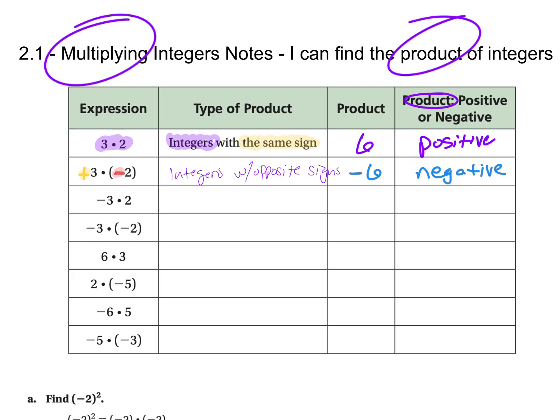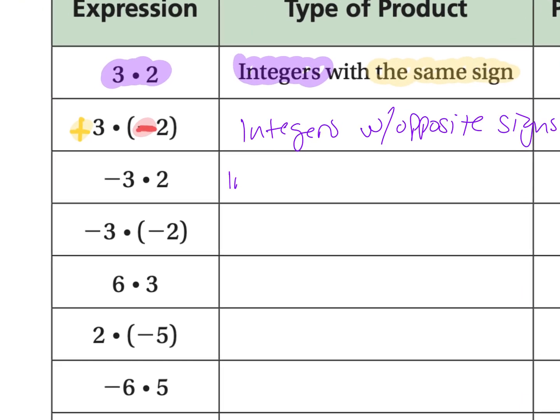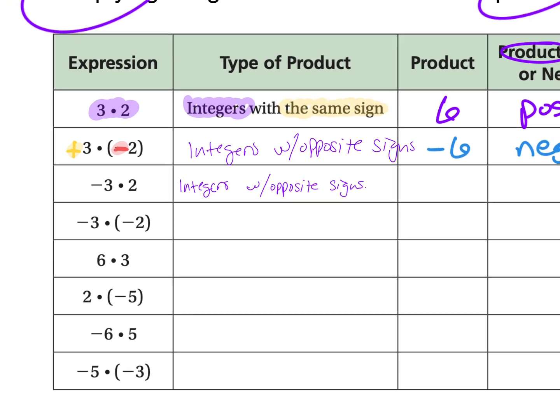So you might think, okay, well, why, when these two multiply, are they going to be opposites? Or why does that give us a negative? Well, let's just kind of keep going, all right? Right here, we have, again, integers with opposite signs. Okay? What is different about this one compared to this one?